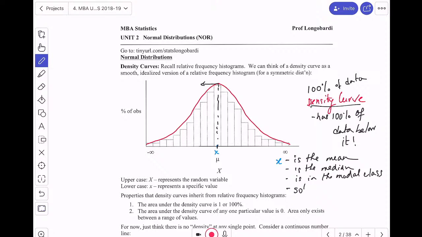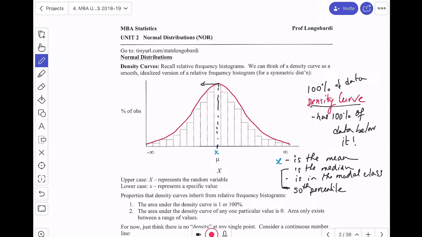What about the 50th percentile? Okay, so these mean the same thing, median and 50th percentile, but now calling it 50th percentile, I'm going to show you how we express that in statistical notation.